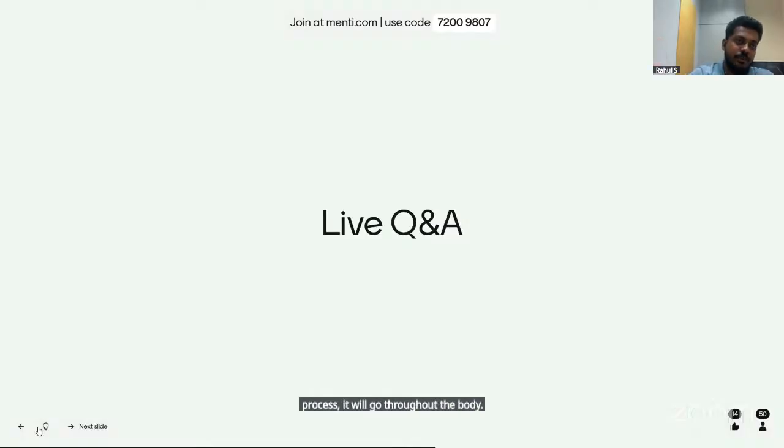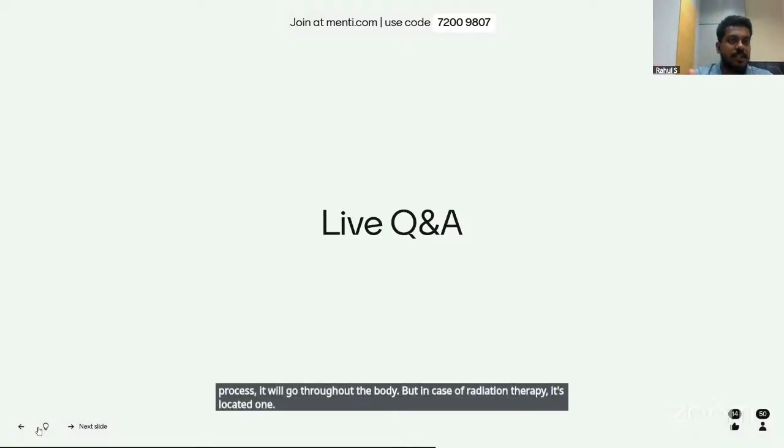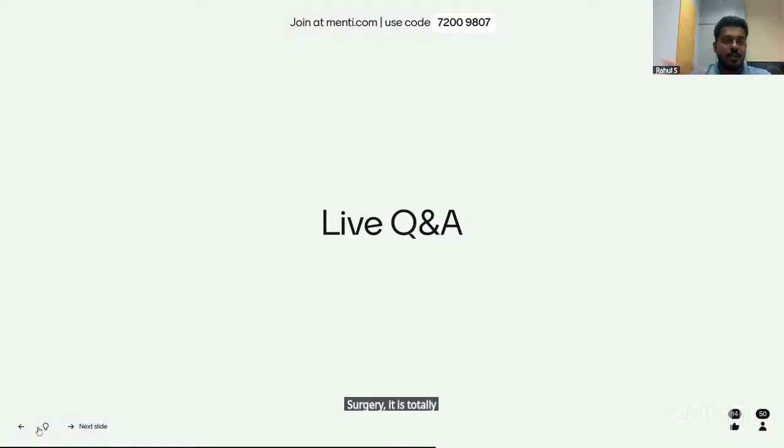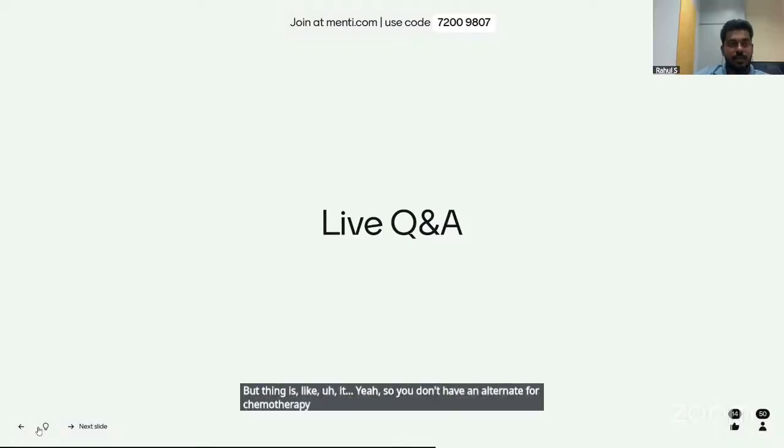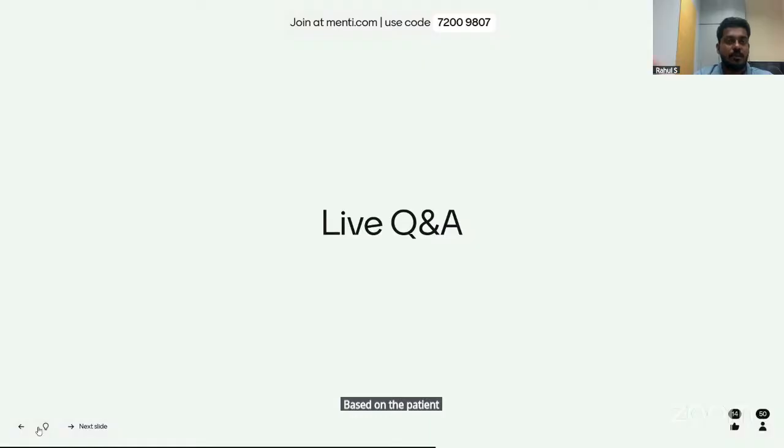But in the case of radiation therapy, it's localized. Surgery is totally cutting and taking out. So it is like a combinational therapy, I forgot the name actually. So you don't have an alternate for chemotherapy, but you have a team member for that. Along with chemotherapy, you do this, and all these are subjective. Based on the patient's requirement, this will be recommended.